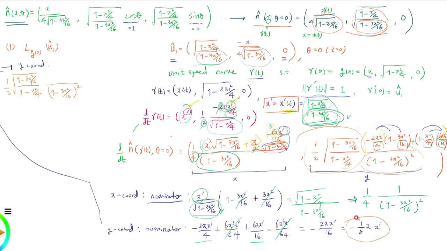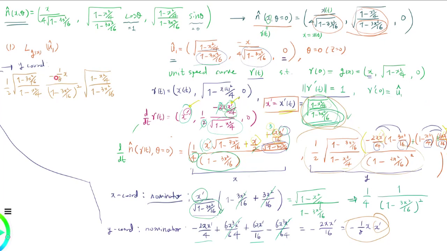And for the numerator part, I have 1 over 8 times x prime here, which is nothing but square root of 1 minus x squared over 4 over 1 minus 3x squared over 16.